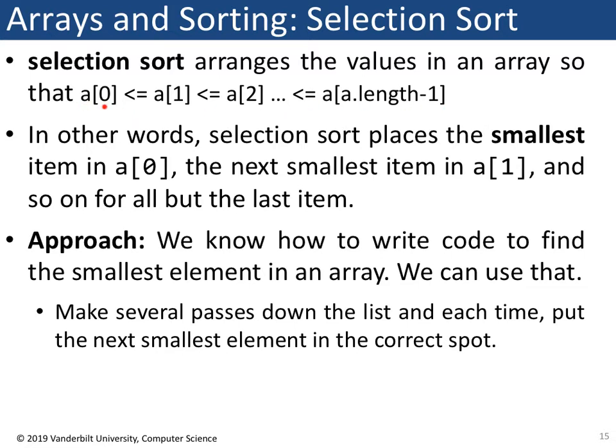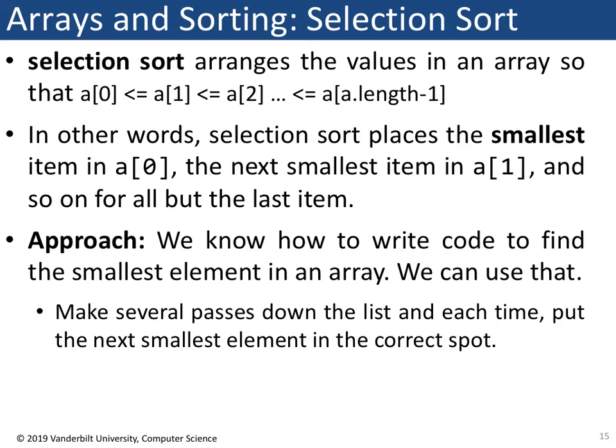So when the whole array exists, it looks for the smallest value in existence and stores it in element 0. Then it locks element 0. It no longer considers it. Then it starts looking for the next smallest, and it stores that next smallest value in element 1. Then locks element 1. And so forth. So we are going to wind up with a sorted array in ascending order.